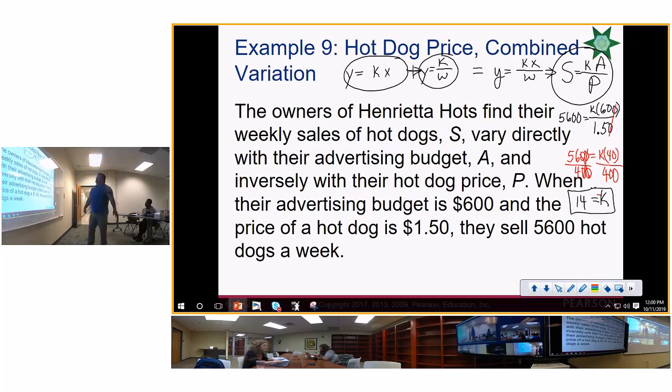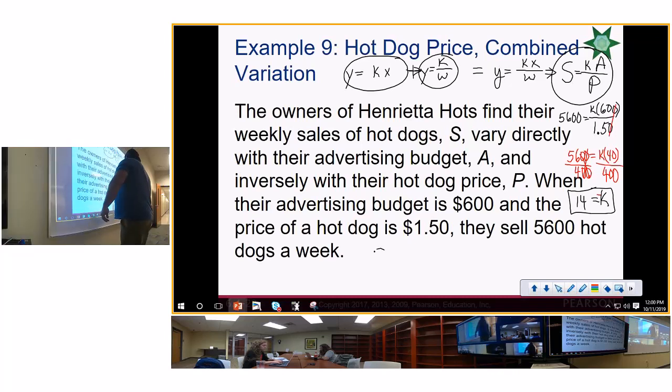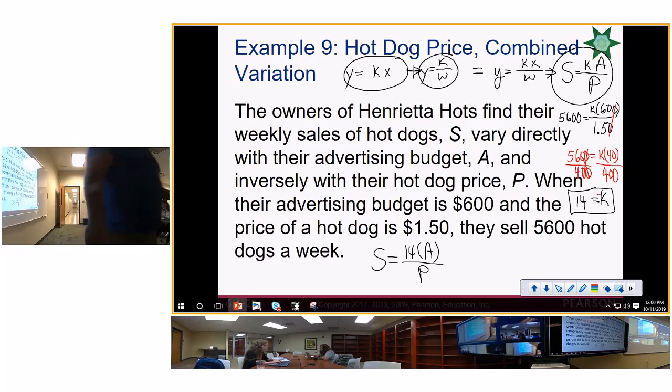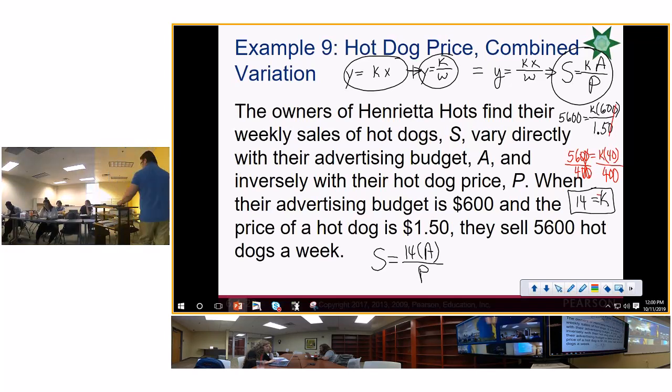All right, so now we take S is equal to 14 times big A divided by big P. And I don't know if they're going to ask us something else or not. I doubt it.